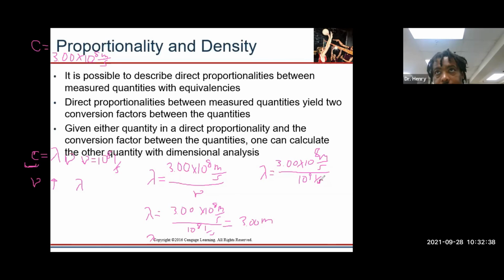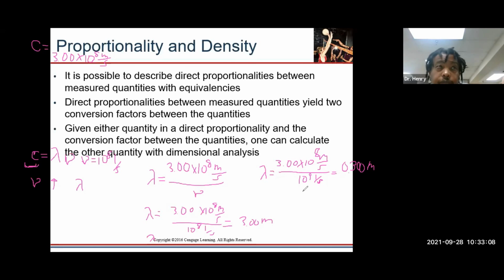So this guy's going to equal now 0.300 meters.